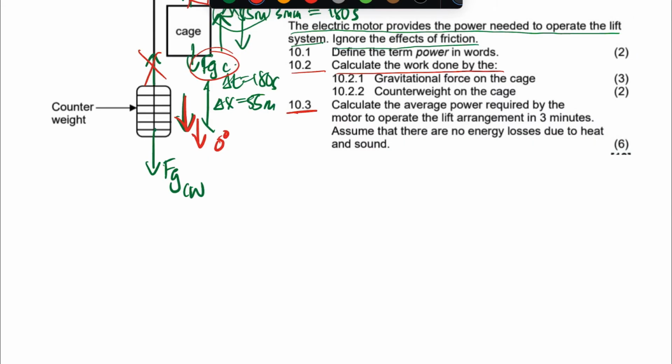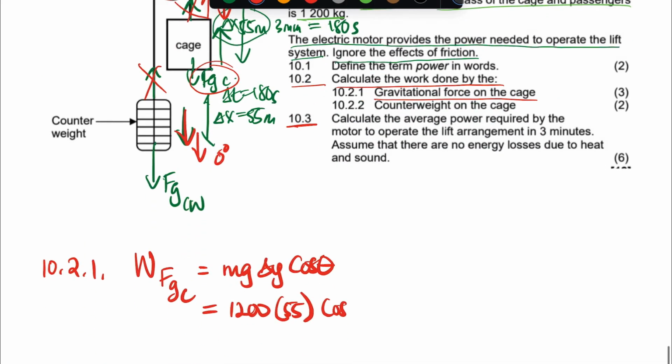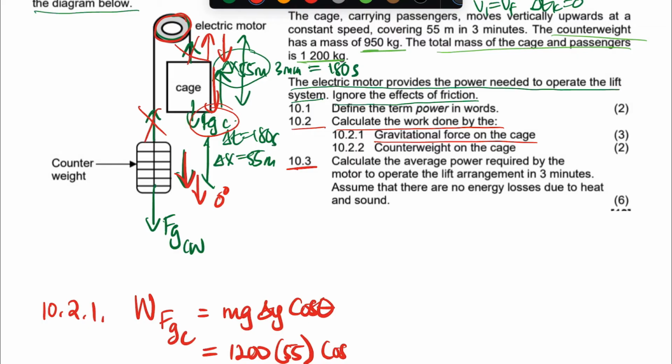Calculate the work done by the gravitational force on the cage. So it's 10.2.1. We're going to say mg, which is Fg, times change in y, times cos theta. So the mass is 1200 and the displacement is 55. The cosine is for the opposite direction, because the cage is going up and the gravitational force is going down.